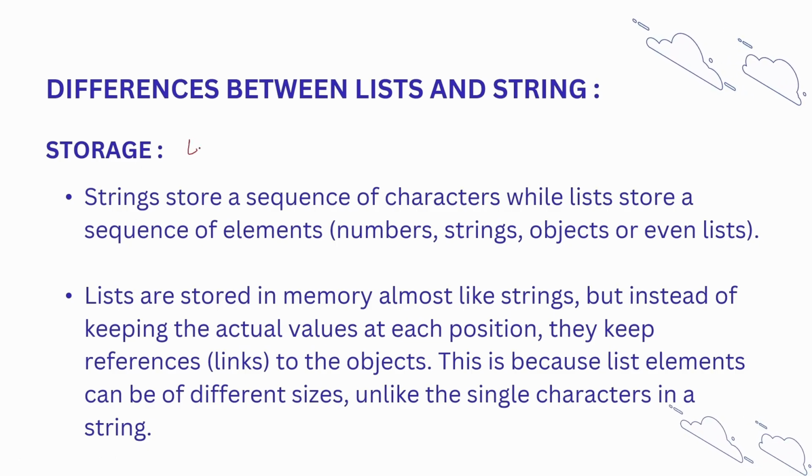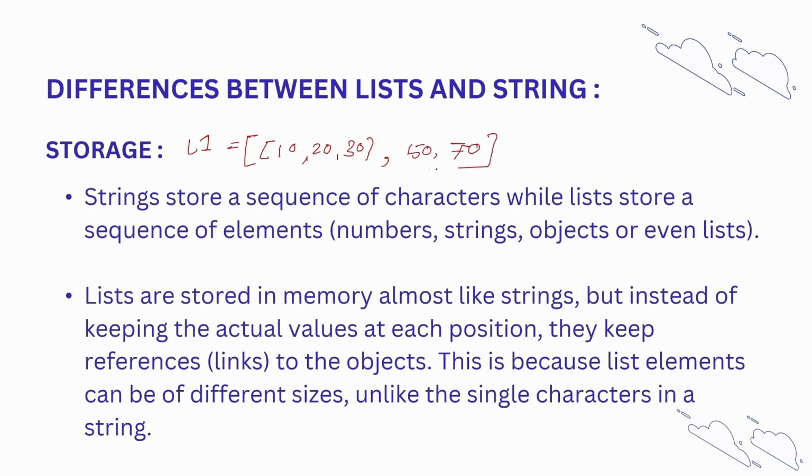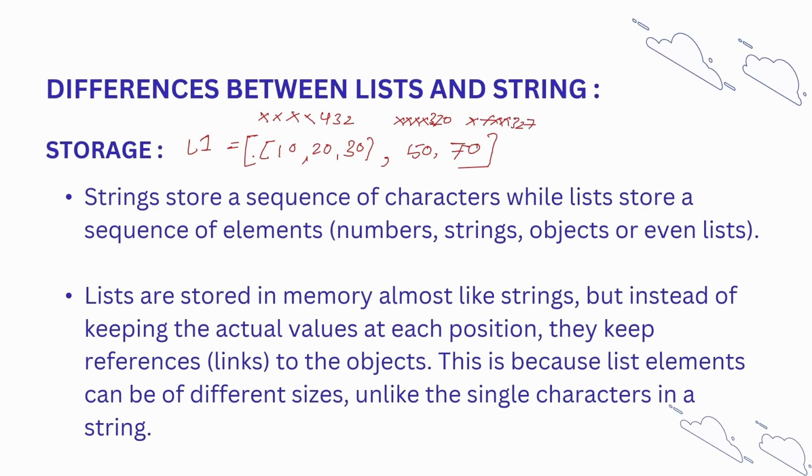Let's say we have a list L1. And inside this list we have another list, let's say 10, 20, 30. Then we have this element 50. Okay, so this is our list. Let's say this element is stored at position XX. This is stored at position, and this 70 is stored at position. So what this means is that when we store this list, it stores the values, like it will store this address.